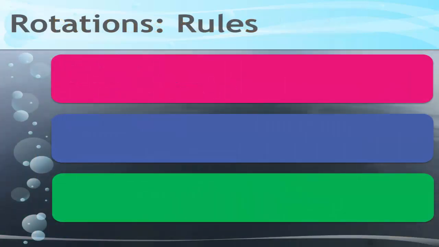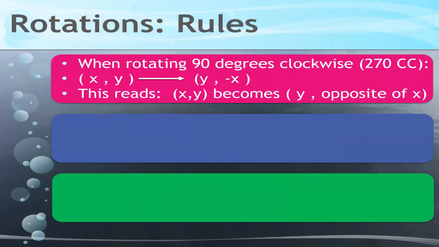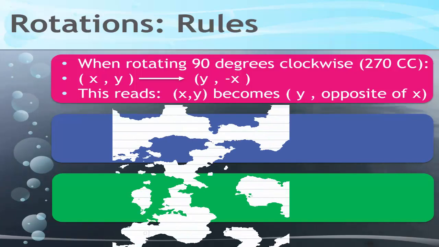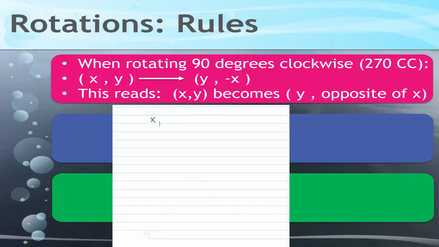The first rule that we want to look at is a 90-degree clockwise rotation. And so we'll notice that our rule again is x, comma, y becomes y, comma, -x. And we could practice with any point just to see how this works. So we're going to use, for example, the x value 2, the y value 1, and do a 90-degree clockwise rotation.